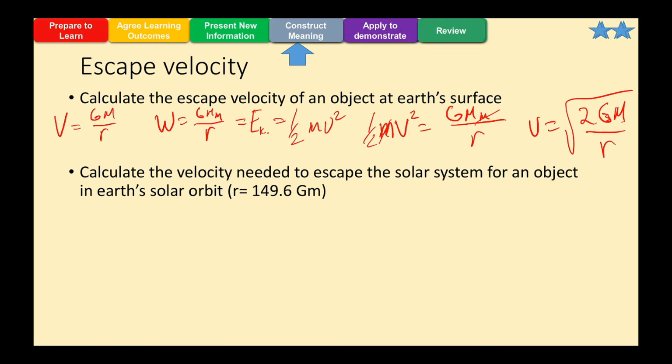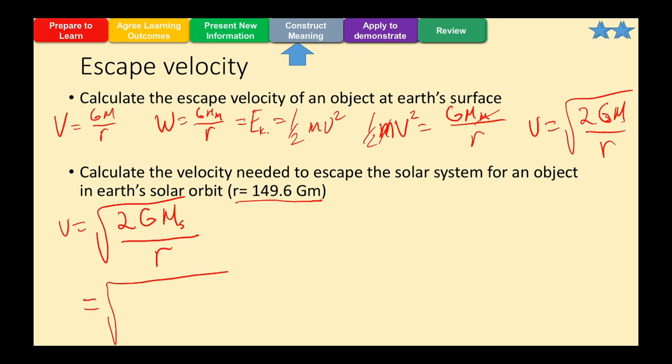Sorry, I'm just going to call up my formula sheet. Okay, but either way, I'm going to start putting in my formula. So V equals square root of 2 big G, big M, and in this case, it's the mass of the sun divided by the radius. We're given the radius.